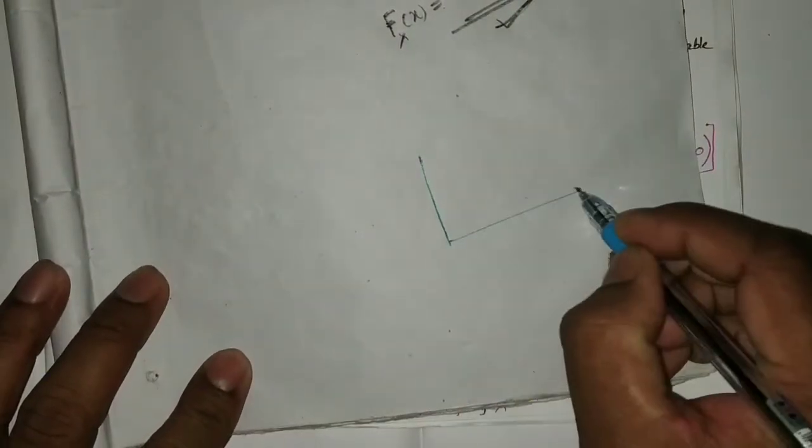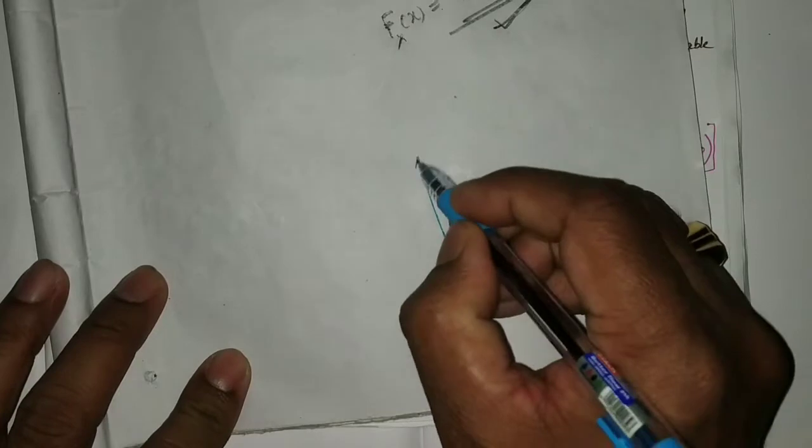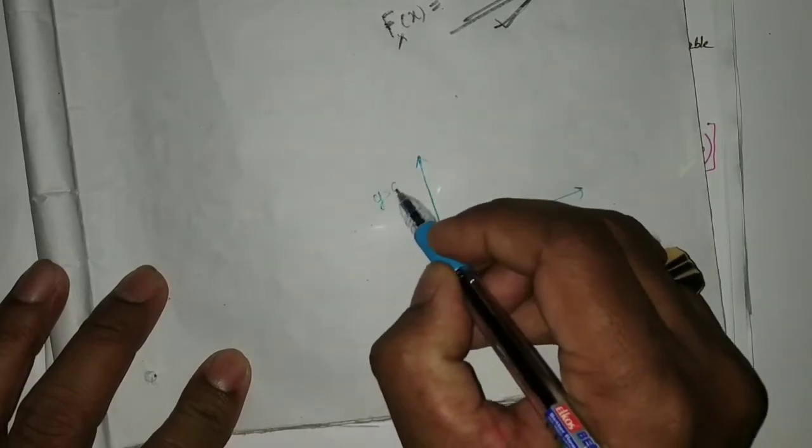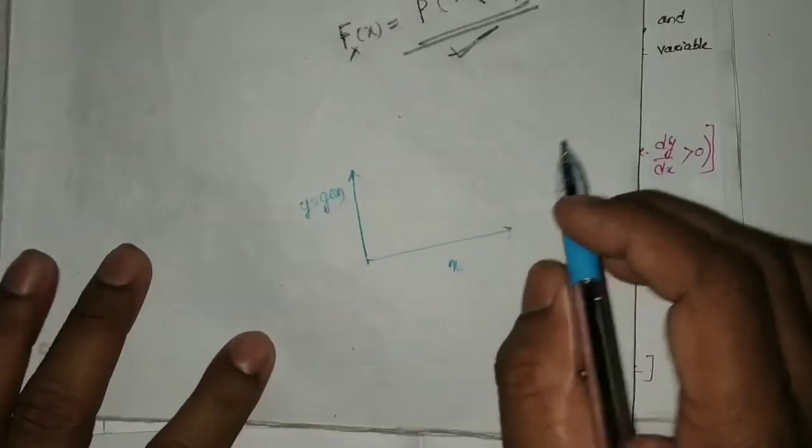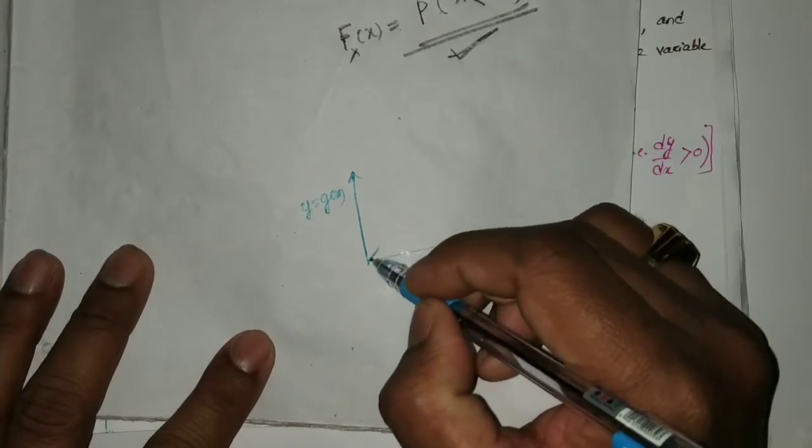Here we consider that this is the variation of x and this is the variation of y equal to g(x), and we have an increasing function, and the graph is something like this.